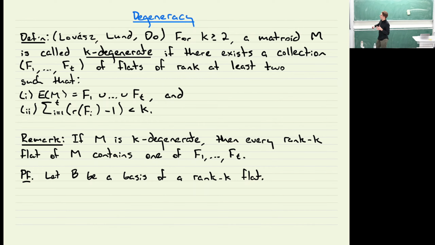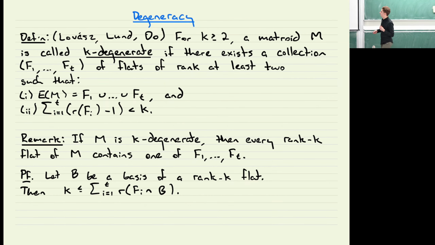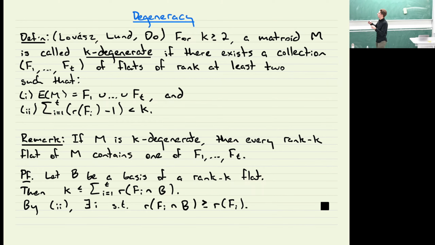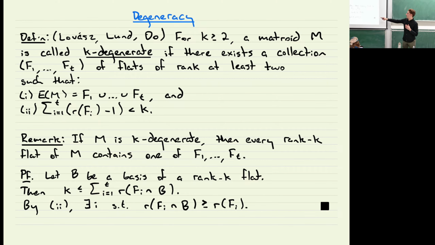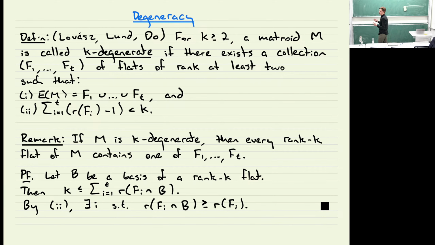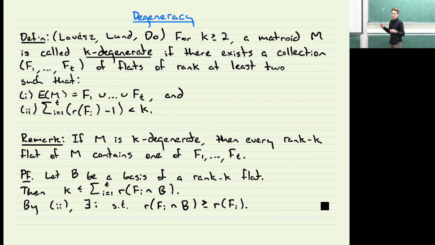To see this, just take a basis B of your rank K flat, and then by submodularity of the rank function, we get that the sum of the ranks of B with each flat in the cover is at least K. But then you just apply 2 with the pigeonhole principle, and that forces for one of the indices i the rank of B intersected with Fi to be at least the rank of Fi. So that means that B spans that flat.